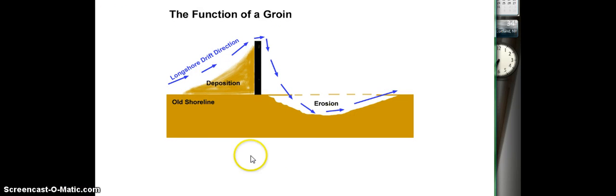So this is just another picture showing you that here's your groin or your pier, and then if your longshore drift is going this way, you can really create this deposition, and then of course this side will have the erosion. Again, if this erodes too much, you can build a groin here and replace all of that sand and sediment to rebuild your shore.